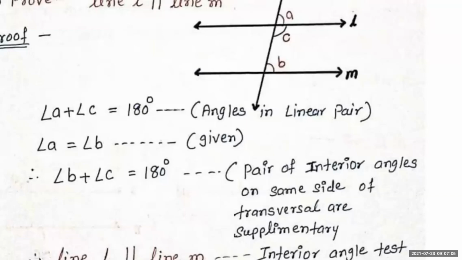If I replace angle A, see the first line of the proof, with angle B, because both are equal, then in the third line of the proof, angle B plus angle C is equal to 180 degrees.